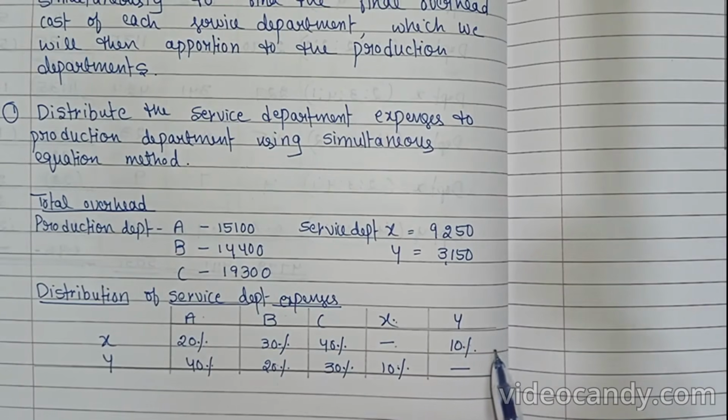X gives 10% of service to Y and Y gives 10% of service to X, right? So now we have to solve this problem under the simultaneous equation method.